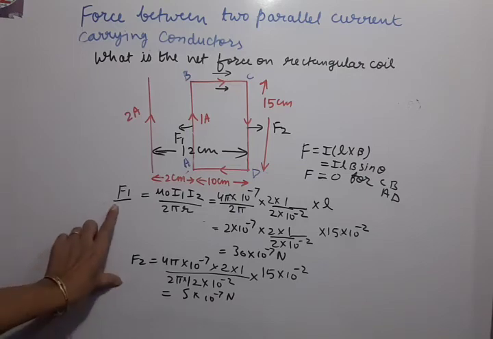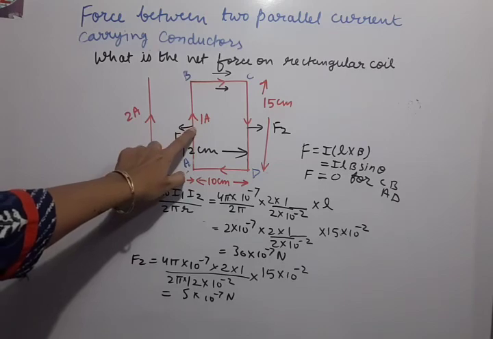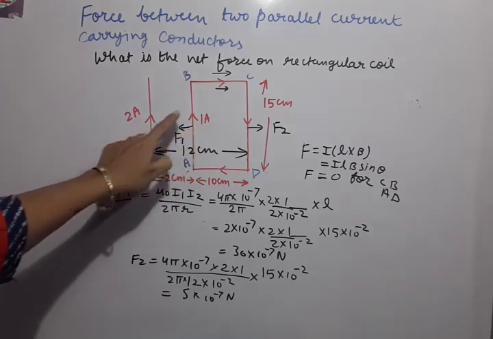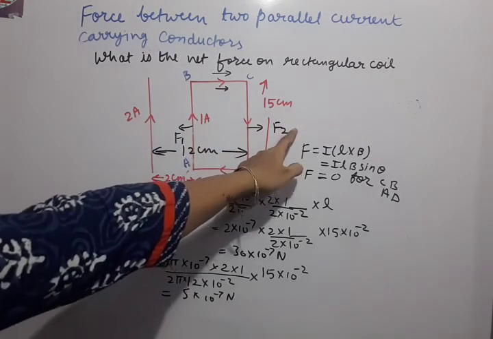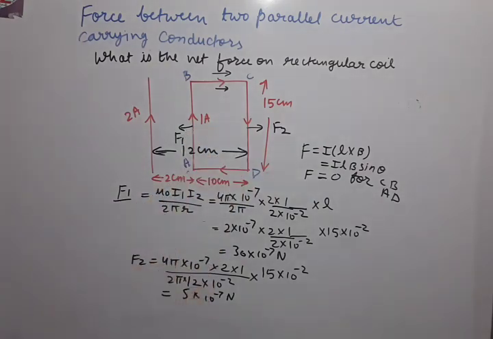Now the net force. F1 direction is this direction, F2 direction is this direction. So the net force will be the subtraction of the two because they are opposite. When we subtract to get the net force, 30 minus 5 becomes 25 into 10 raised to power minus 7 Newton.